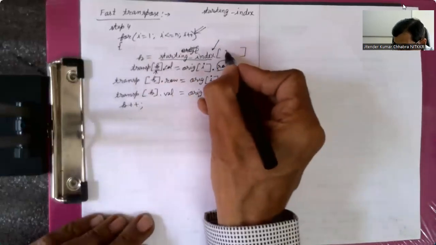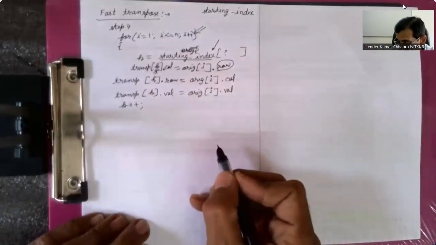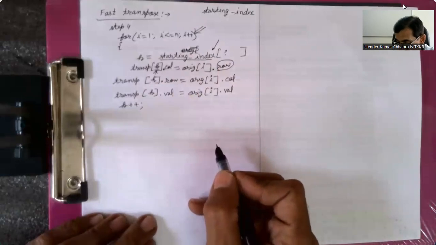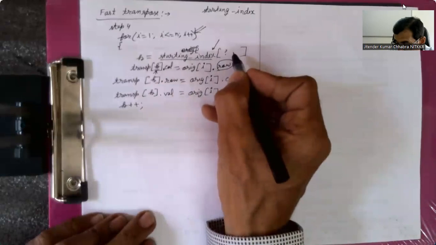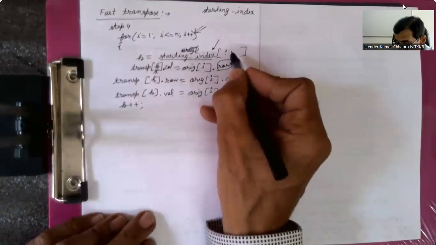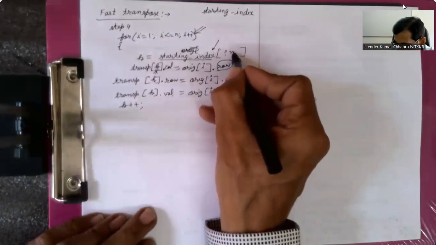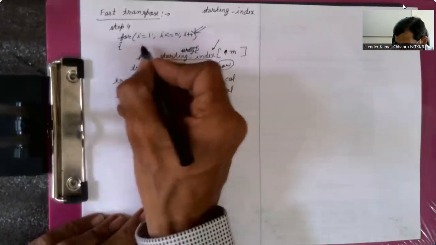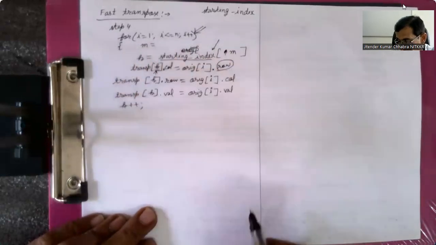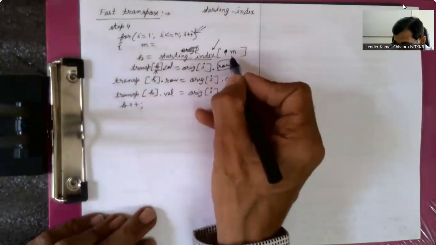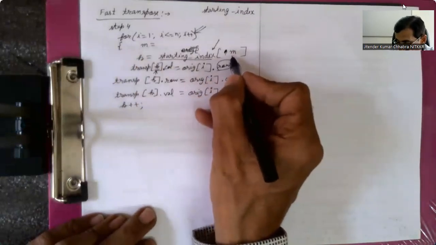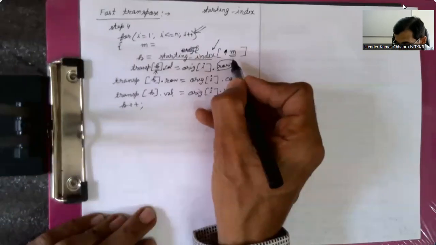Now, what should be the value here? Again, I need to have some variable here. Now, what is this? If I remember well, if I can think, good enough. Otherwise, you can assume, fine, I will assume it's some variable m, and then you can think of what will be m. Starting index of which in a particular position? M. What is M?